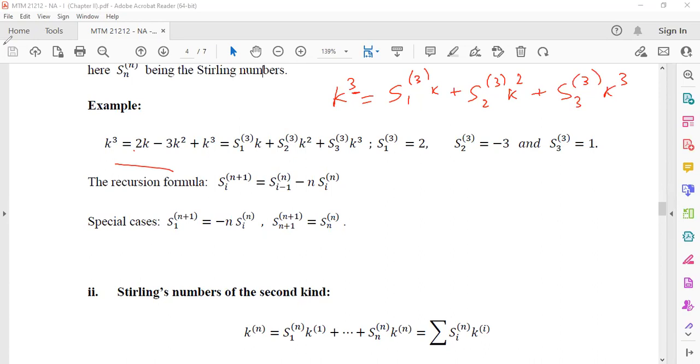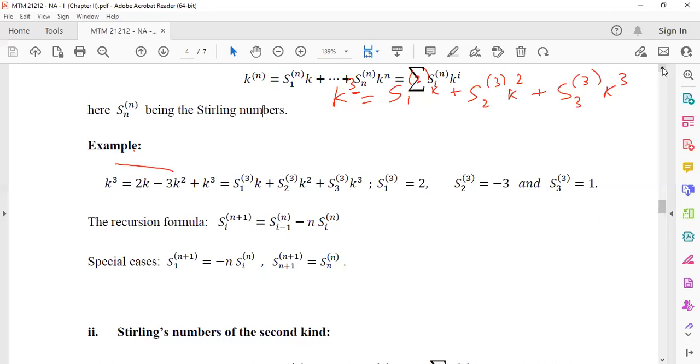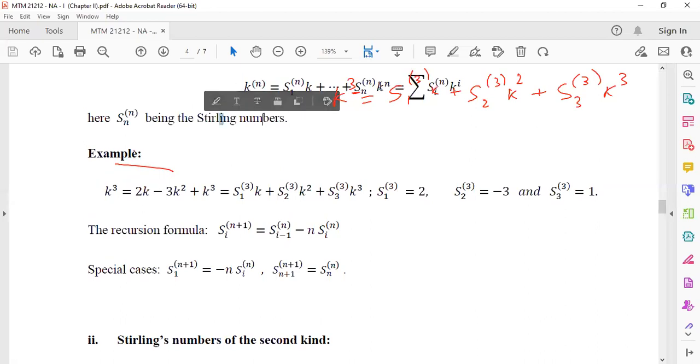From our equation of the Stirling system of the first kind, if it is n, you have to go up to n. In that sense, we already know our k cubed is equal to, what is that? Factorial way.